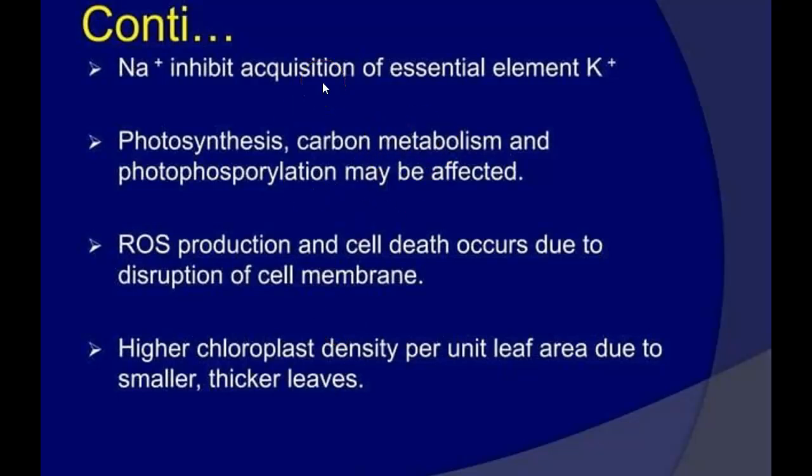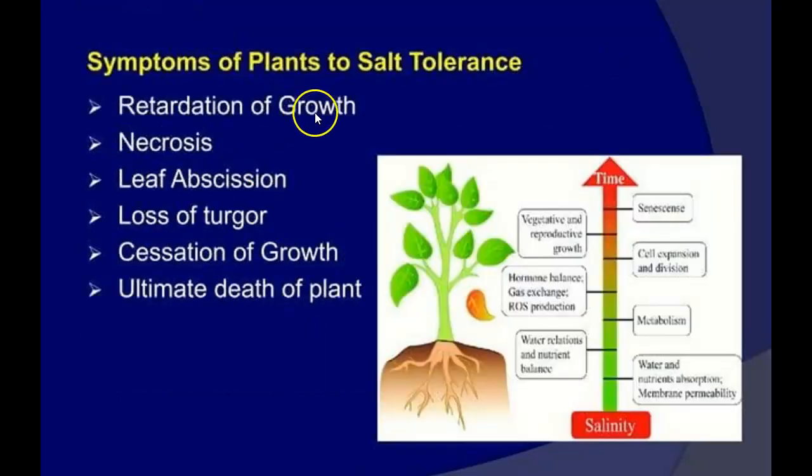Sodium inhibits acquisition of the essential element potassium. When there is no acquisition of potassium, then photosynthesis, carbon metabolism, and photophosphorylation will be affected. Reactive oxygen species production and cell death occur due to disruption of cell membrane, and there is higher chloroplast density per unit leaf area due to smaller and thicker leaves.